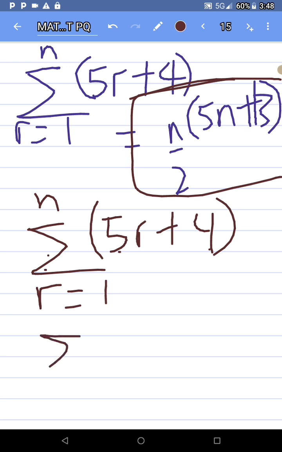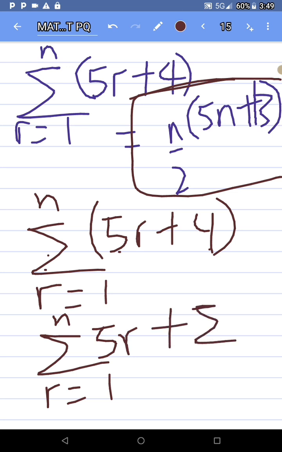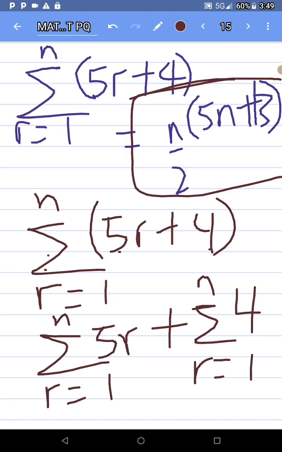So this is the same as the summation from r equals 1 to n of 5r plus the summation from r equals 1 to n of 4. Another rule is that we can bring out the constant, the coefficient of r.